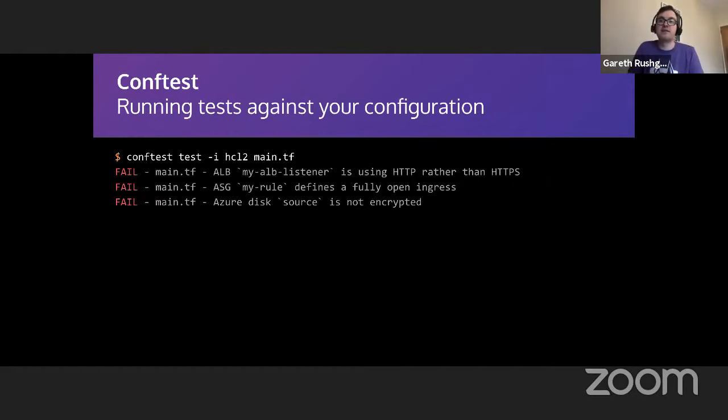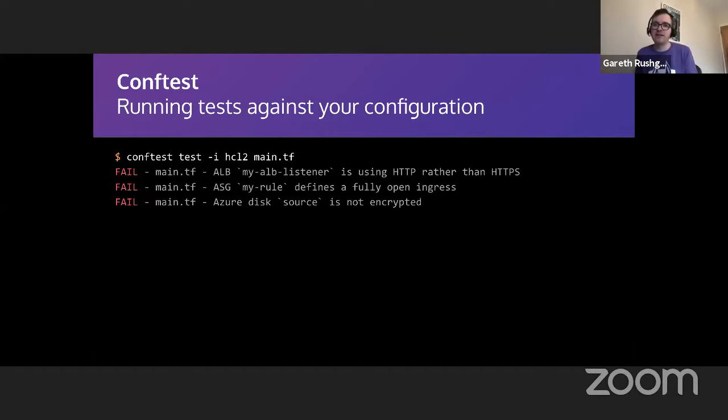So Conftest itself, again, provides a command line tool that you can run against your Terraform files. I say here, at the moment, Conftest basically assumes Terraform files are using HCL, so they're prior to the 0.12 variant of the language. So you can write tests against both.